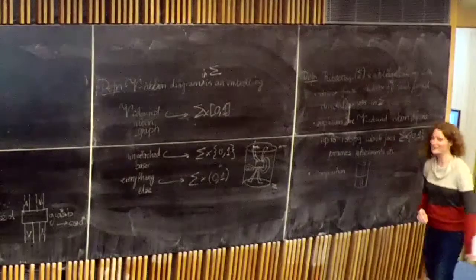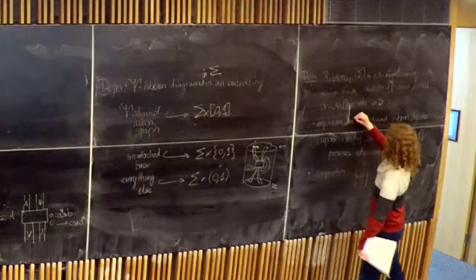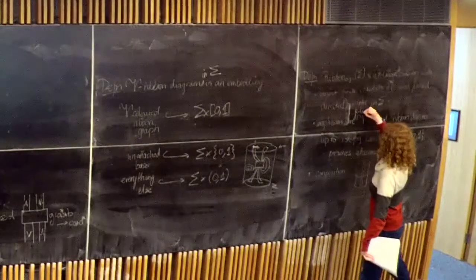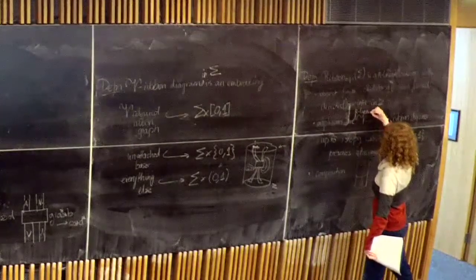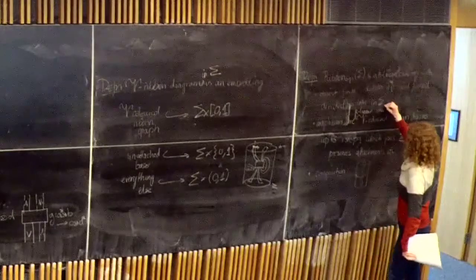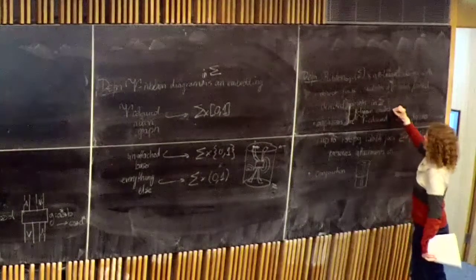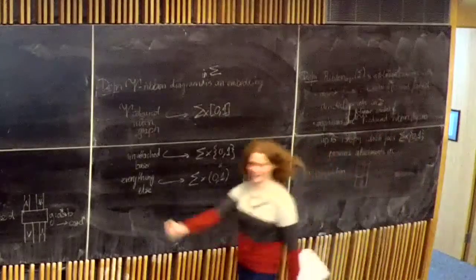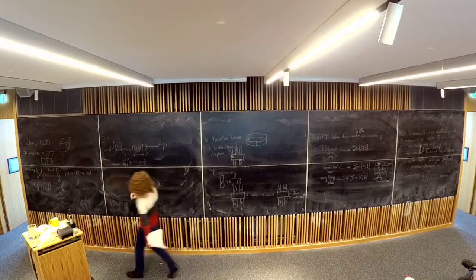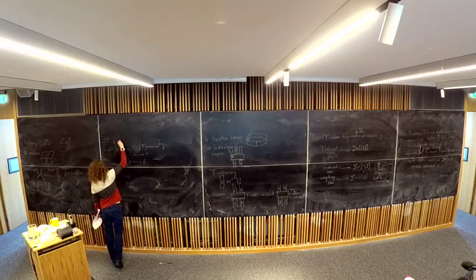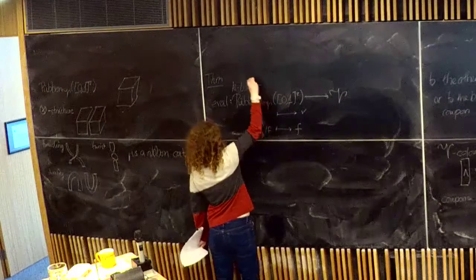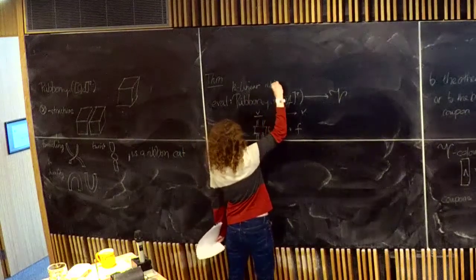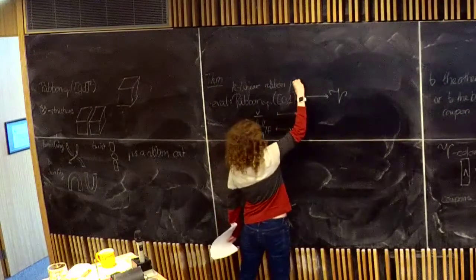You can make it K-linear by considering K-linear combinations of ribbon diagrams. So in this category it's actually K-linear, so this is a K-linear ribbon functor.